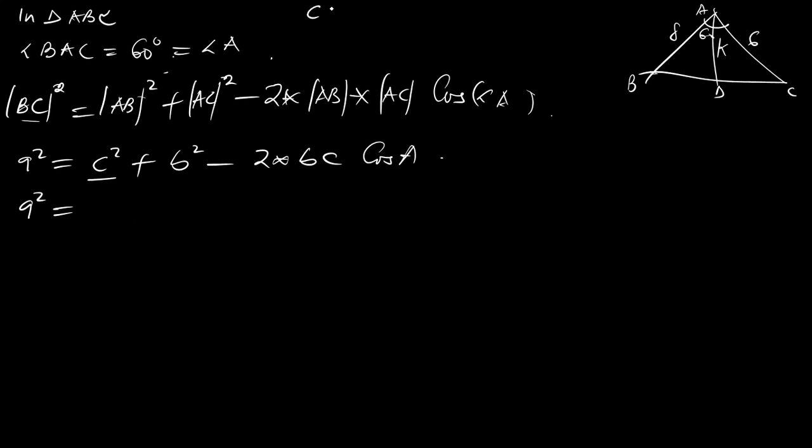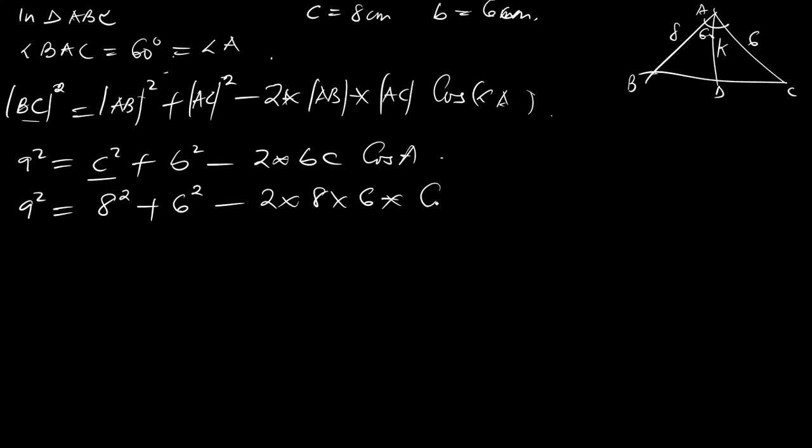Now C is equal to 8 centimeter, B is equal to 6 centimeter. Now you have 8 square plus 6 square minus 2 times 8 times 6 times cos A, which is 60.